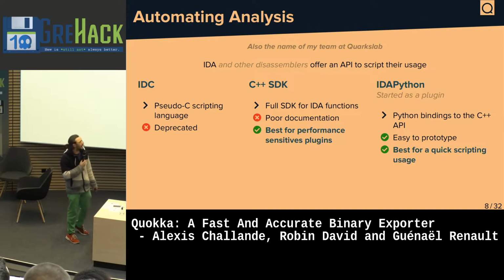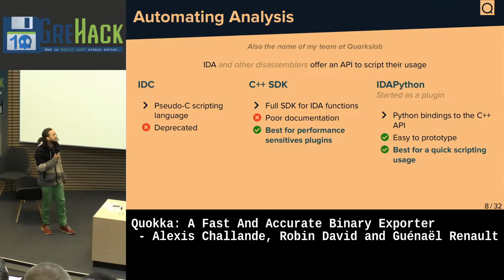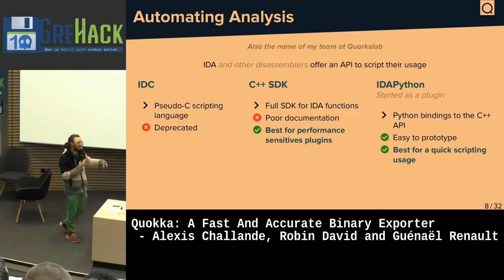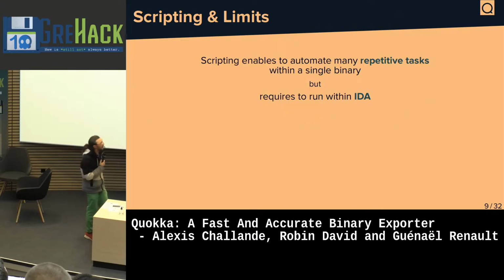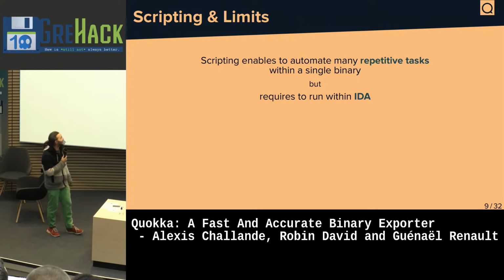And finally, they introduced a few years ago IDA Python, which started as a plugin but is now official, and it's Python bindings on top of the C++ SDK. Not all of the SDK is sadly exposed, but it's best if you want to prototype and do some quick scripting. However, scripting has limits, especially when you are stuck within IDA.